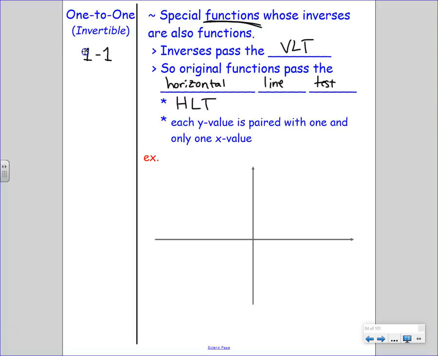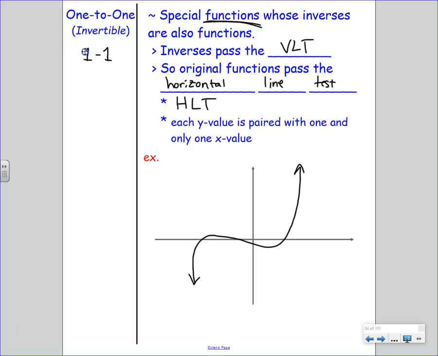So the weird thing is, this special characteristic says it's not enough to pass the vertical line test. You also have to pass the horizontal line test for when you flip your inverse, for it to also remain a function. So, question, what if I was to give you something like this?